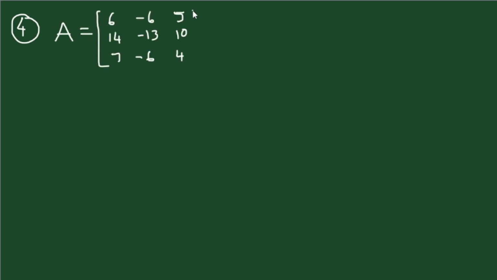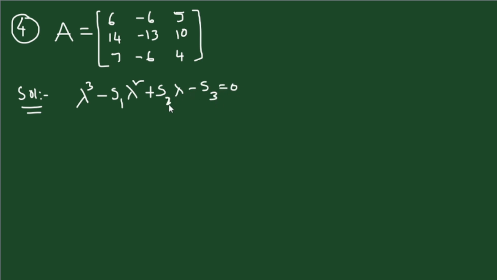Now we are going to see a different one, the fourth problem. Let us take the matrix and find eigenvalues and eigenvectors. So here, the characteristic equation is lambda cubed minus S1 lambda squared plus S2 lambda minus S3 equal to 0.